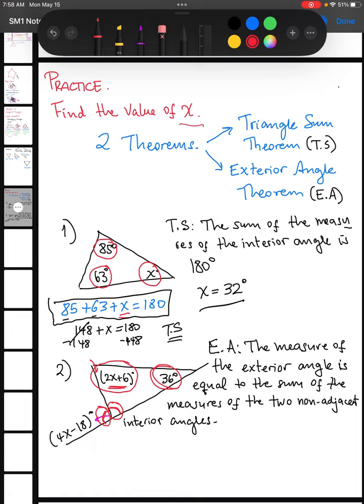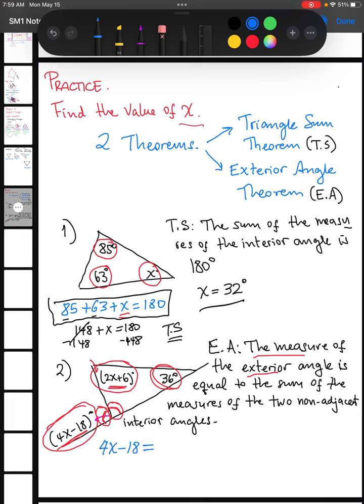This is what we call an exterior angle. And I want you to read this. The measure of the exterior angle, in this case this exterior angle, is equal to the sum of the measures of the two non-adjacent interior angles. What does this mean? That this 4x minus 18, I'm going to write it here, 4x minus 18.